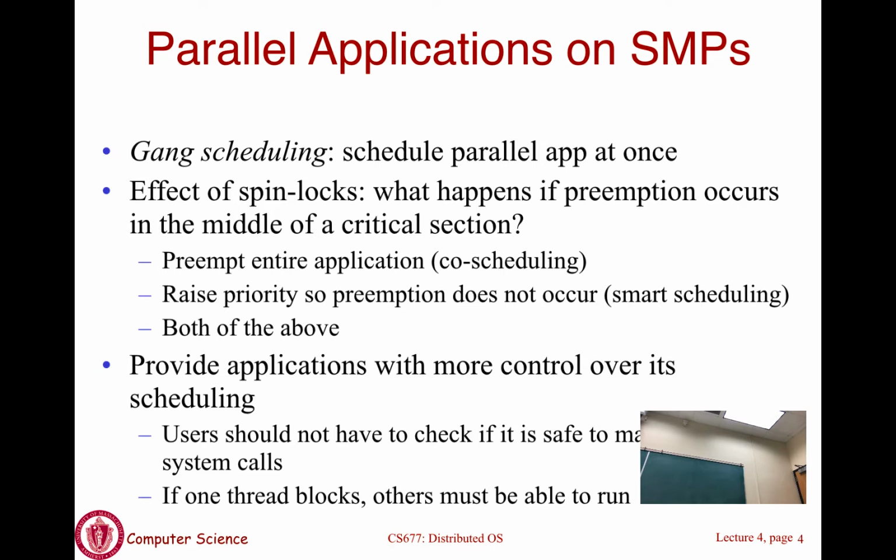So if they are scheduled independently and there are other jobs in the system, when T1 runs on processor A, T2 may not be running on processor B, some other job may be running on processor B. Now if T1 sends a message to T2, it will wait for a reply until the processor B actually runs T2, and T2 can receive the message and process it. So the waiting time for T1 has gone up simply because it is waiting for its message to be processed by T2 and waiting for a reply from T2.